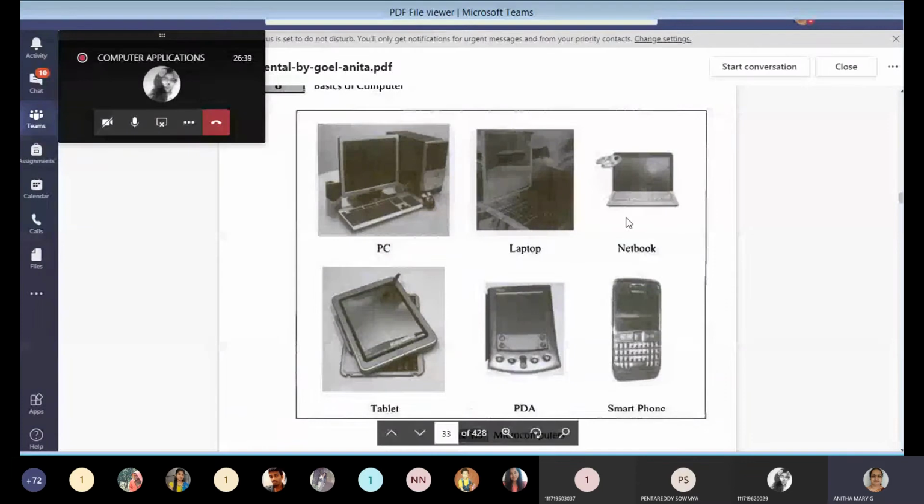And when we go to the netbook, a netbook is a device in between the laptop and the tablet. I hope all of you are familiar with laptops and tablets. Now you might be using either your laptop, tablet, or mobile for your classes.